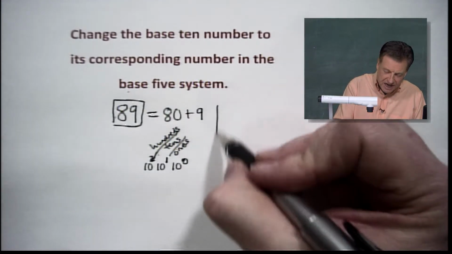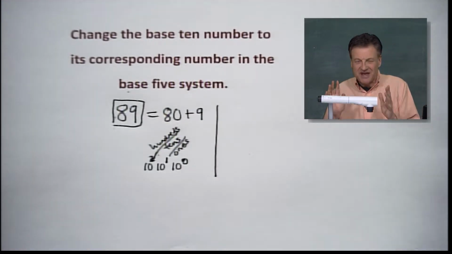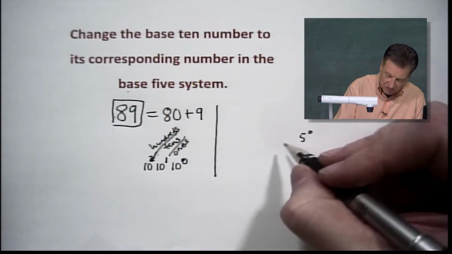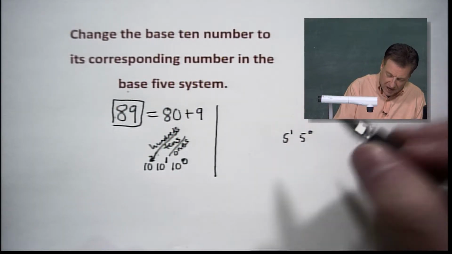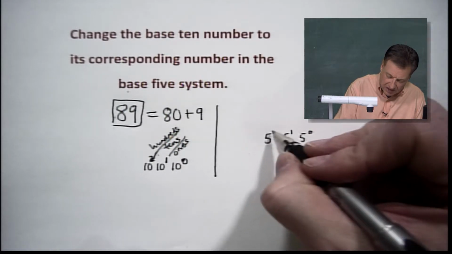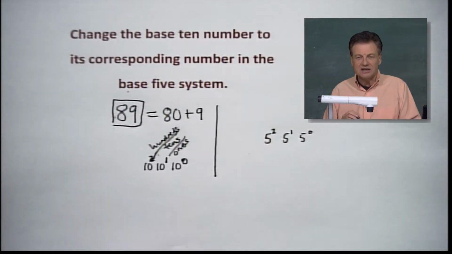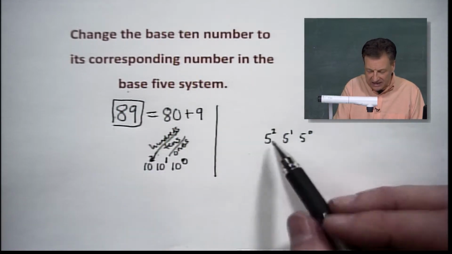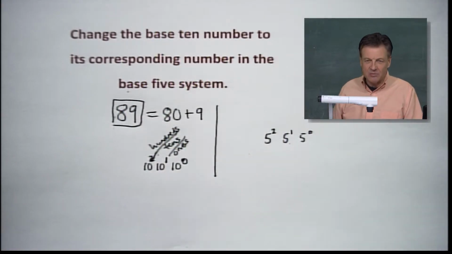Now, what's going to happen over here in the base 5 system is we want to look at 5 to the 0, 5 to the 1 power, first power if you will, 5 to the second, because we're going to try to break down 89 into numbers that will fit in here.